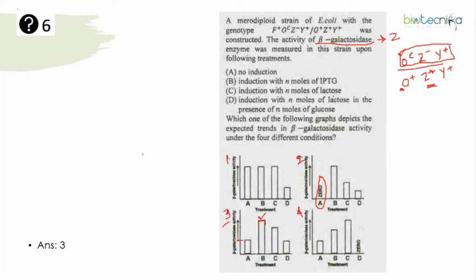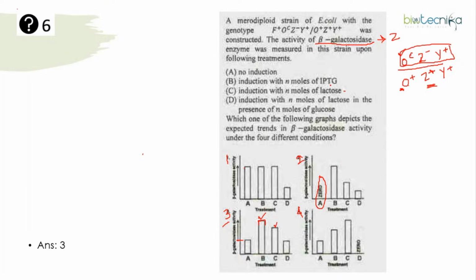Now, induction with n moles of lactose. The interesting part here is that lactose gets converted to allolactose, and allolactose functions as an inducer. Lactose is also a substrate. So you will definitely get a high expression here, but not as high as with IPTG, because IPTG doesn't work as a substrate, it only works as an inducer.